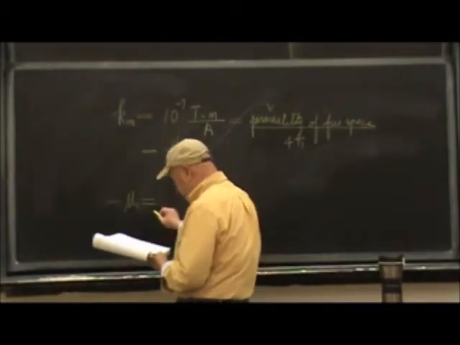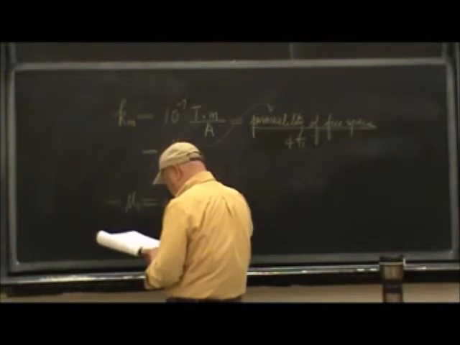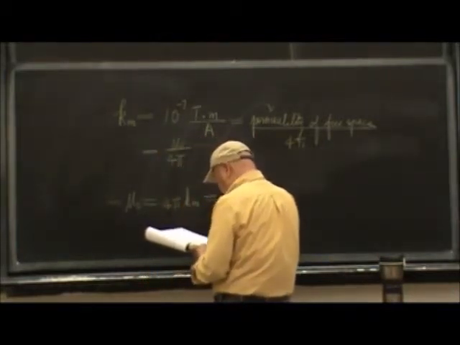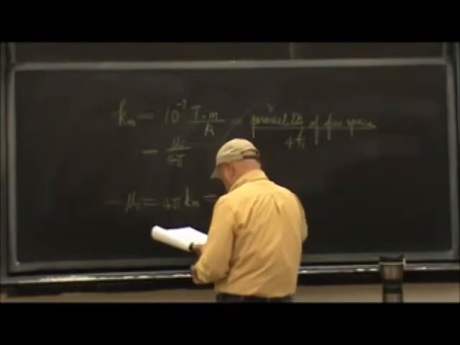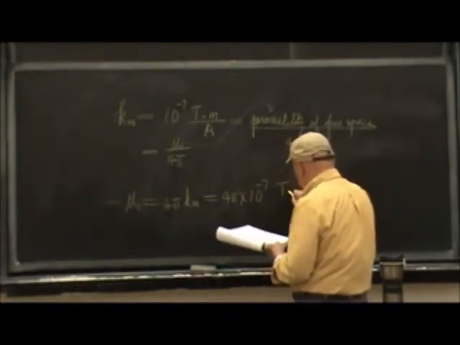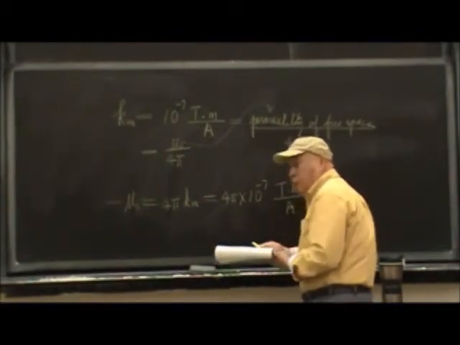Now mu sub 0 is equal to 4 pi Km, so that is equal to 4 pi times 10 to the minus 7 Tesla meter per ampere.